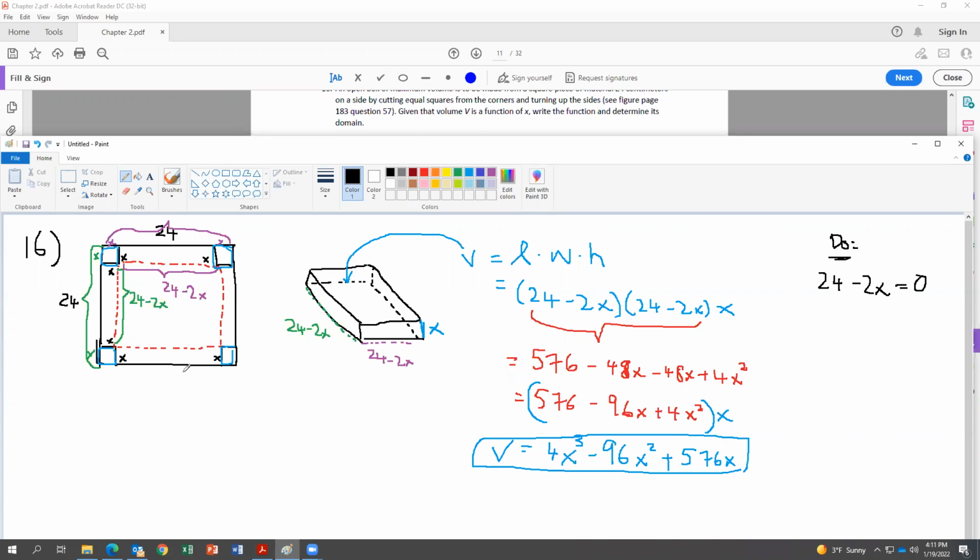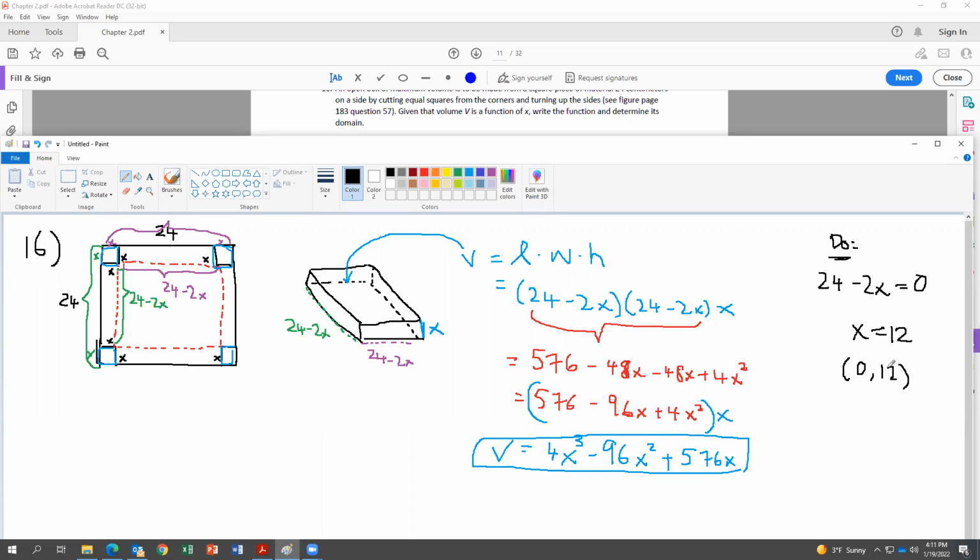Then you use the 16, because 16 is the smaller one between those two. So you always take the smaller dimension. Usually it's 16 minus 2x, usually minus 2x because you cut two corners off. You solve for x here. So x in this case is 12. Okay. So your domain in this case will be from 0 to 12.